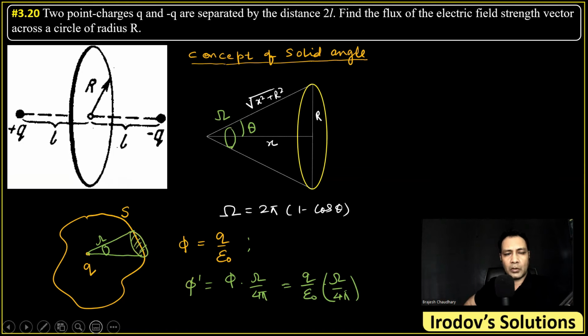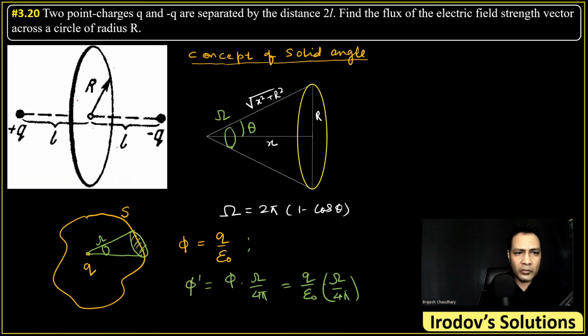Now we are ready to solve this question using this concept and one more concept, the superposition principle. What is the superposition principle? It says that the resultant electric field at a point because of many point charges is the vector sum of the electric fields because of the individual charges, as if there were no other charge.